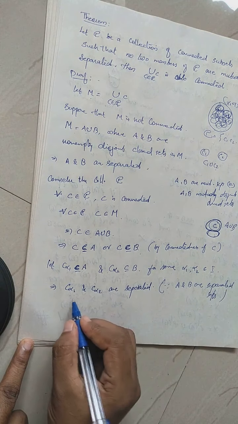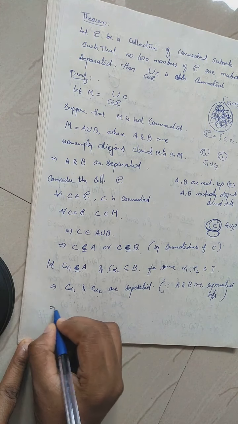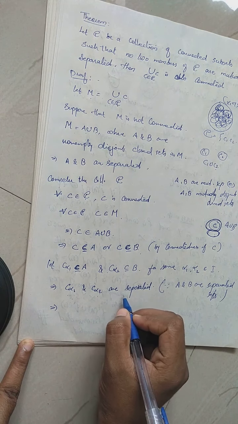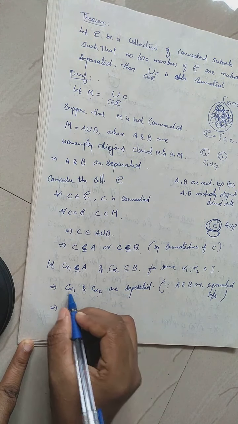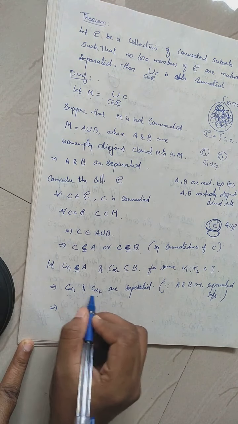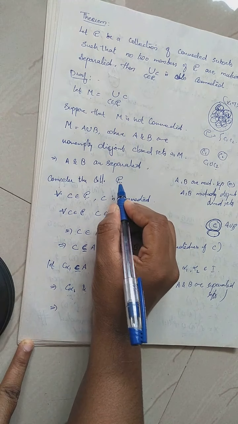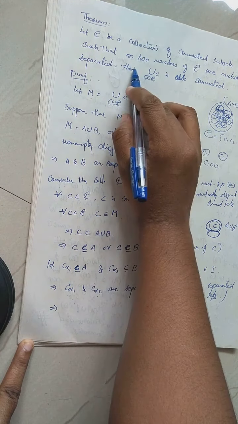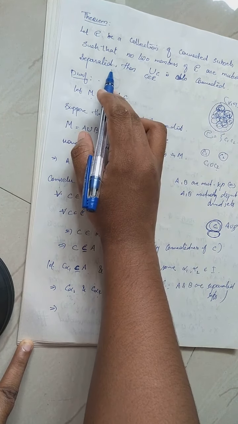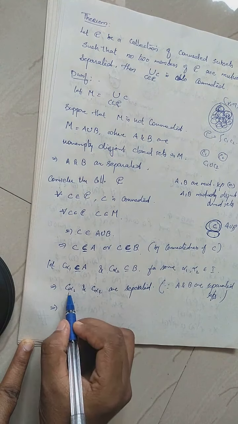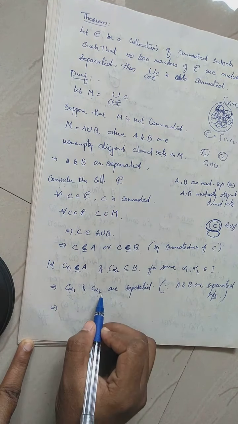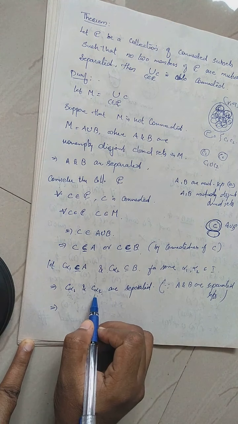Therefore C alpha 1 and C alpha 2 are mutually separated sets, right? Is it possible? No. Because what are C alpha 1 and C alpha 2? These are two elements in this collection C. This collection consists of connected sets such that no two members of C are mutually separated. Now we get two elements C alpha 1 and C alpha 2 belonging to collection C such that they are connected and mutually separated.